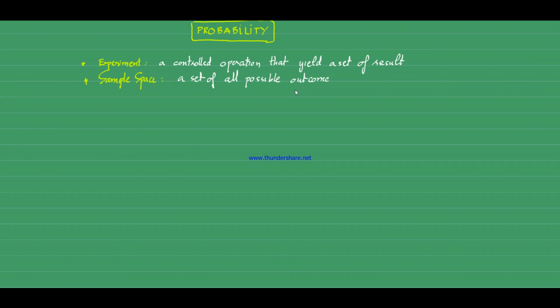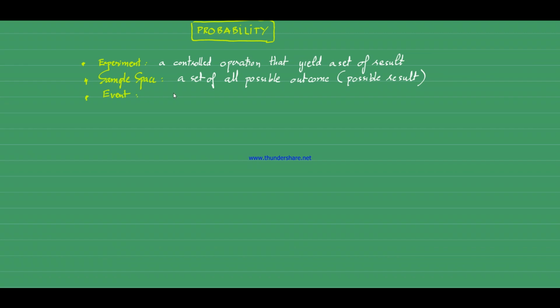An outcome is just a possible result in the experiment, so the sample space is a collection of all the outcomes. The third one is the event.